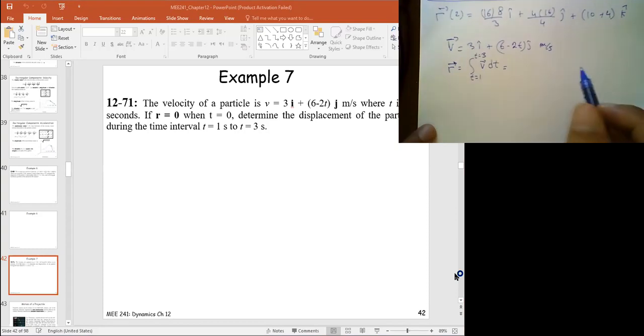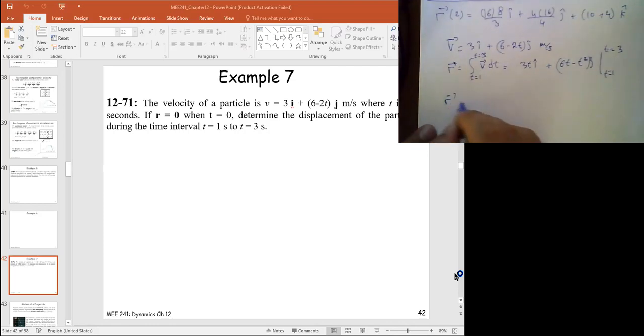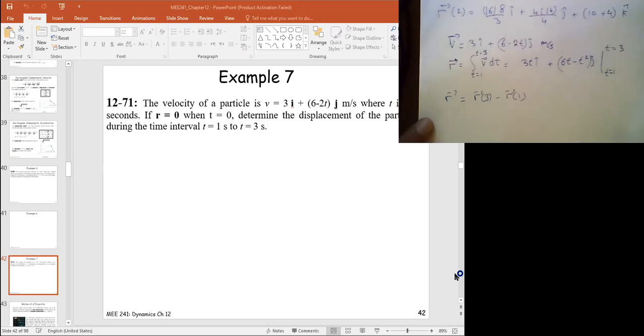What is the integration of the velocity? In this case, it's going to be 3t i plus (6t minus t squared over 2) j, and then you're evaluating this from t equal to 1 to t equal to 3, right? Or in other words, r is equal to r of 3 seconds minus r of 1 second.